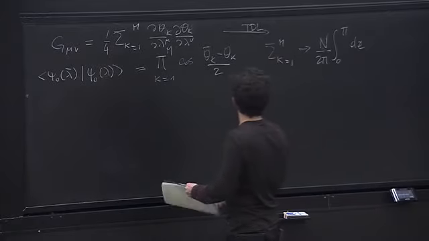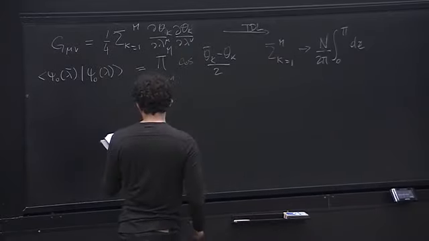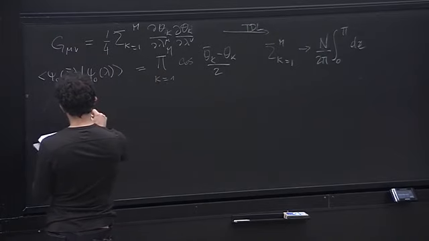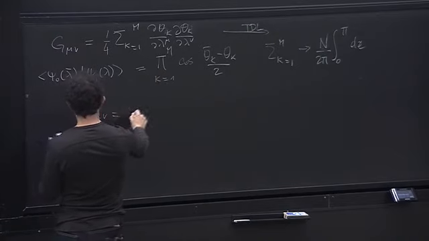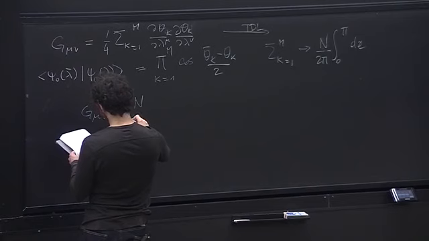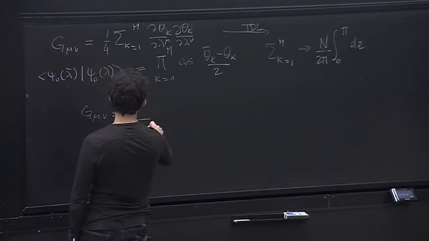So if you do this and you compute these derivatives, what you find is that G mu nu is equal to N over 16, absolute value of gamma.